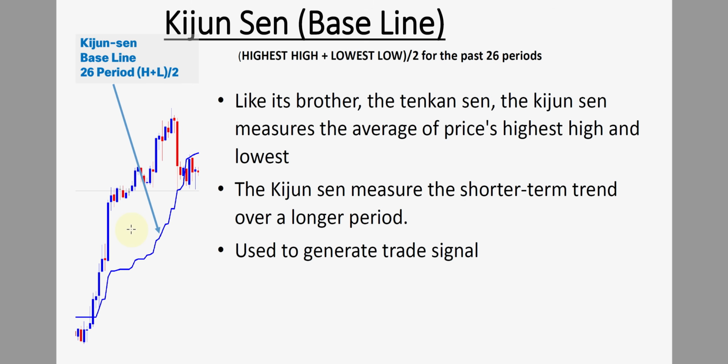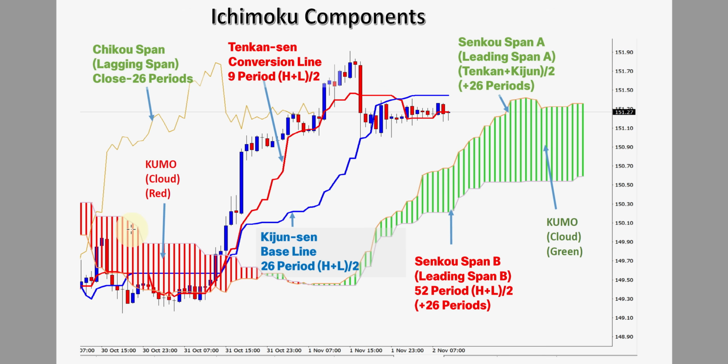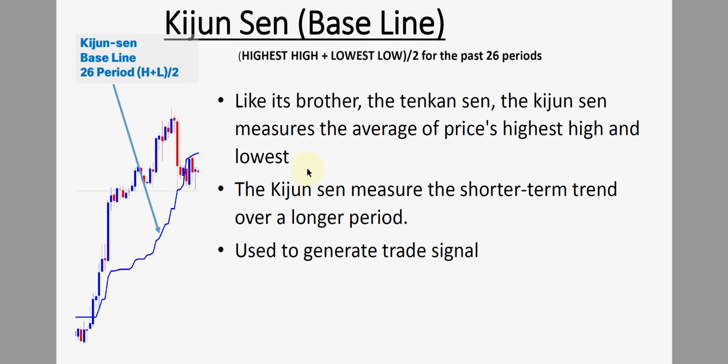The next one is the Kijun-sen. Let me show you in the components. We have talked about Tenkan-sen, and now we are talking about Kijun-sen, the blue line. Like its brother, it's also calculated using the high and low divided by 2, over the last 26 periods.